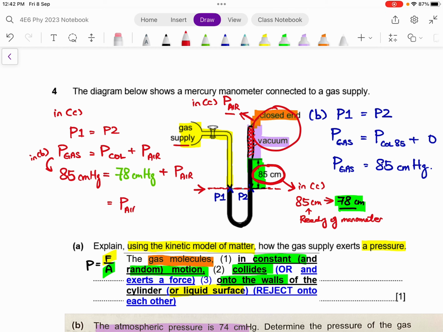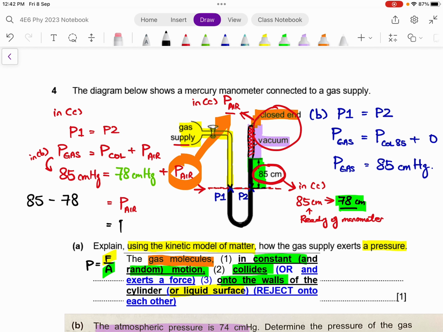So your P air, which refers to the pressure over here at the closed end, can be found by 85 minus 78, which will give you 7 cm Hg.